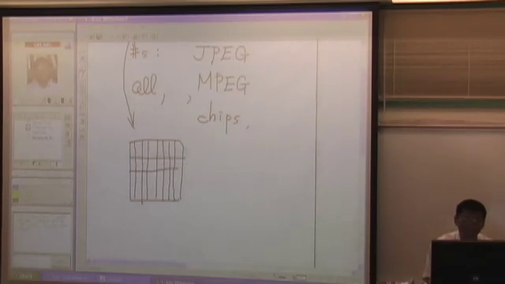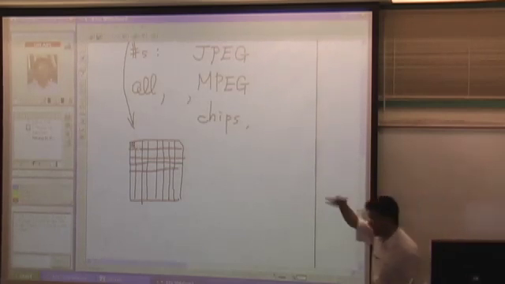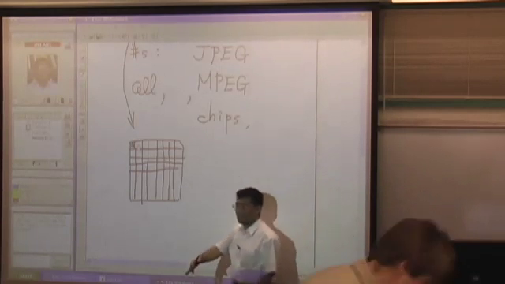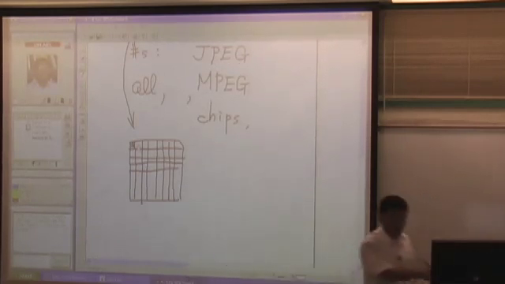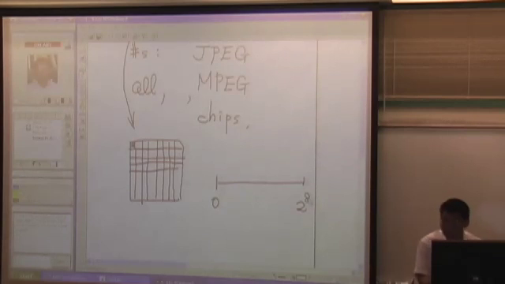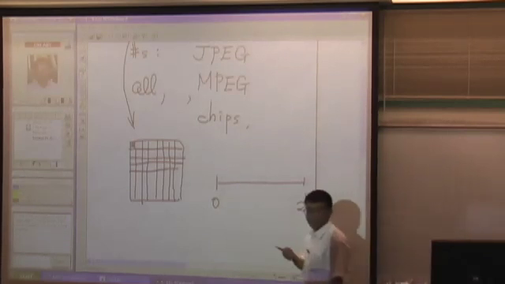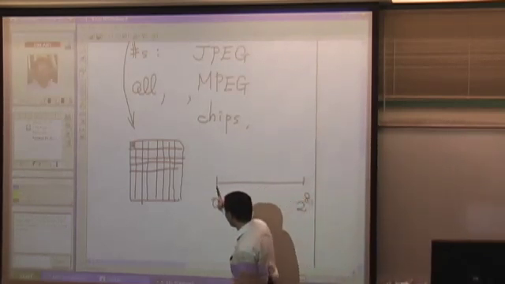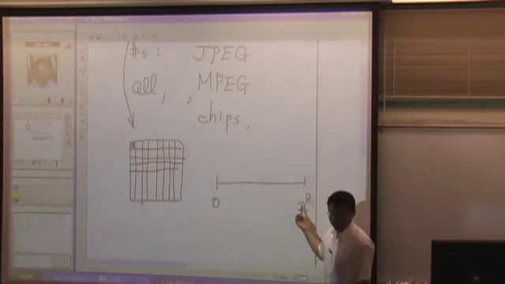Then we can create an 8 by 8 image, and then we consider the depth, right? The grayscale can be encoded. So like very dark is 0, very bright is 2 to the power of 8, if it's 8 bits.